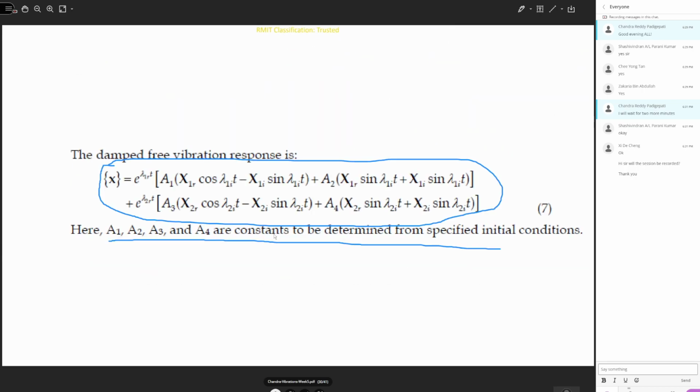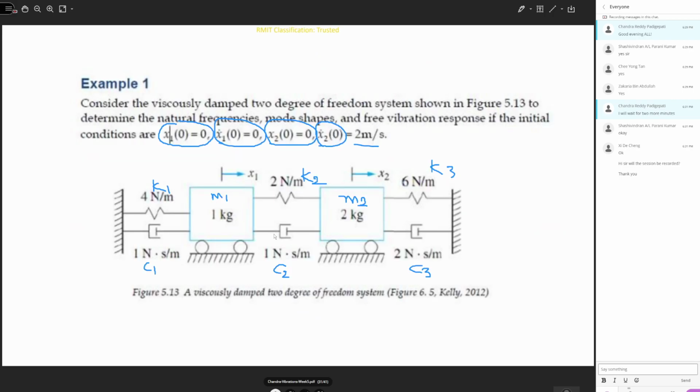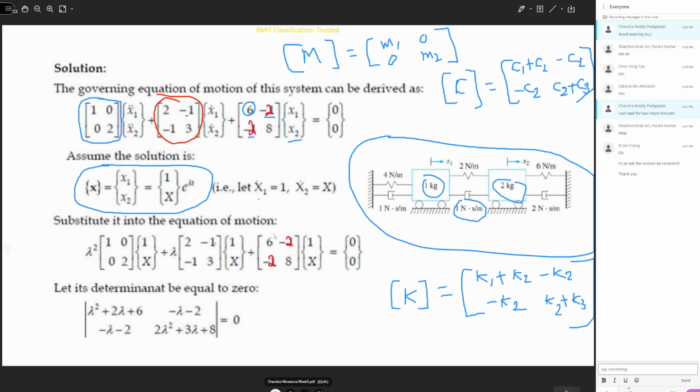I'll go back to show you the expression here. Yes, this is the one I was referring to. The same thing is applied here, and to get a non-trivial solution, you need to take the determinant.